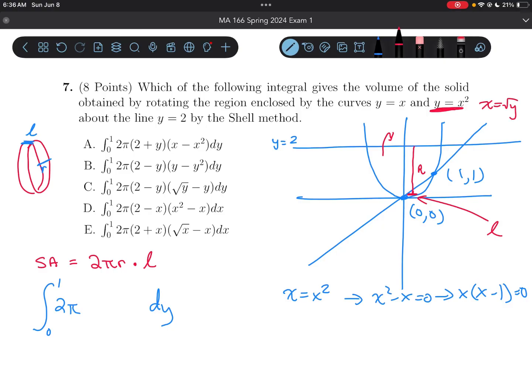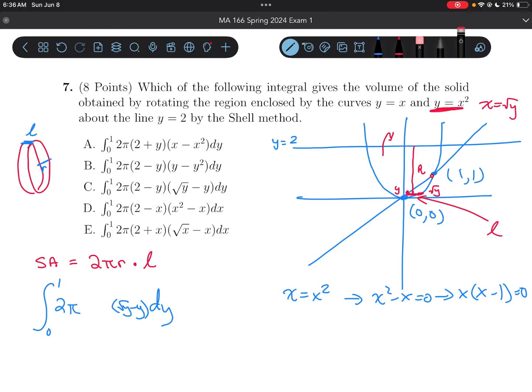So this point over here is square root y. This point over here is y. So the square root of y minus y would be the value of L. Because again, this curve over here is y equals x squared.